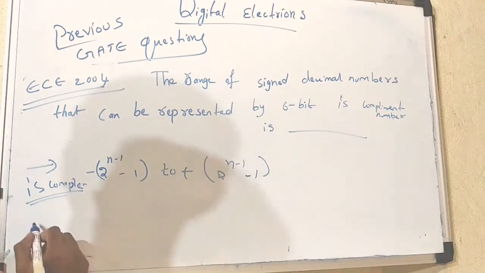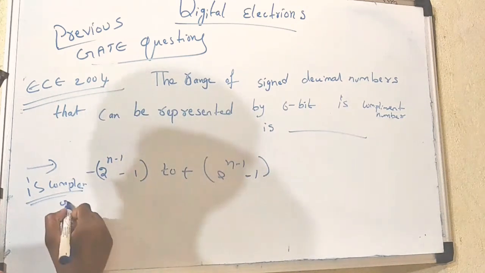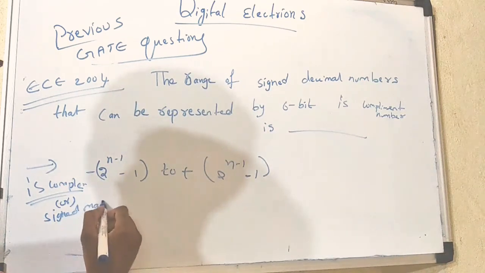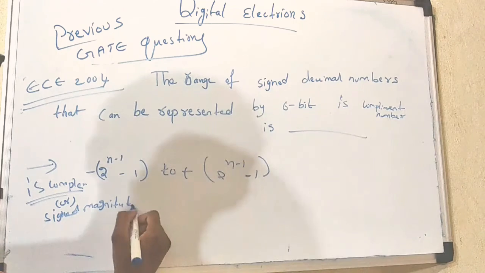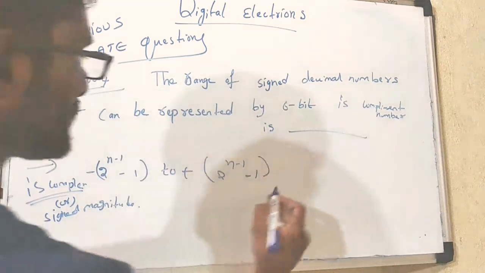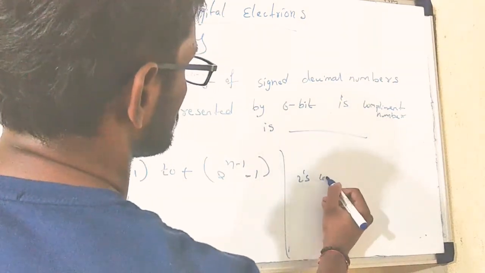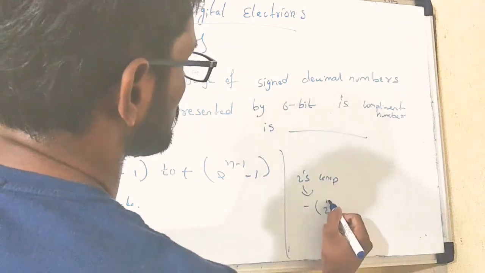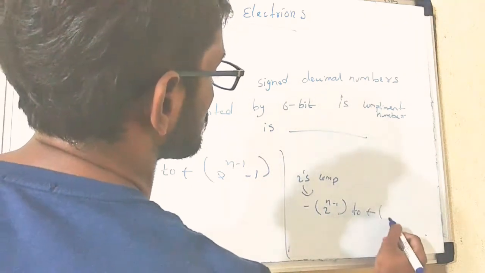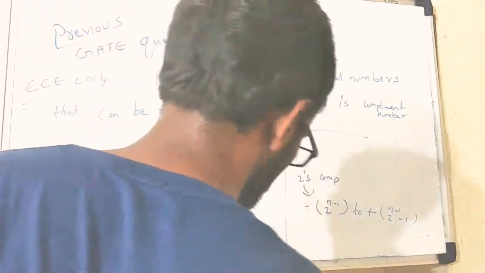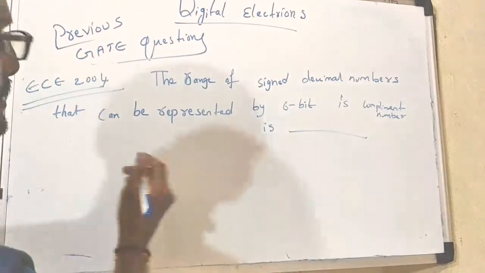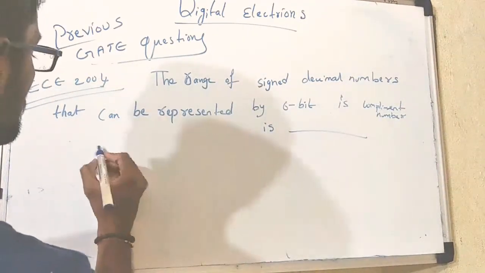For signed magnitude representation also the range is the same, but in 2's complement representation the range is from -2 power n minus 1 to +2 power n minus 1 minus 1. This is the range for 2's complement representation for n bits. But here he has asked for a 1's complement number.